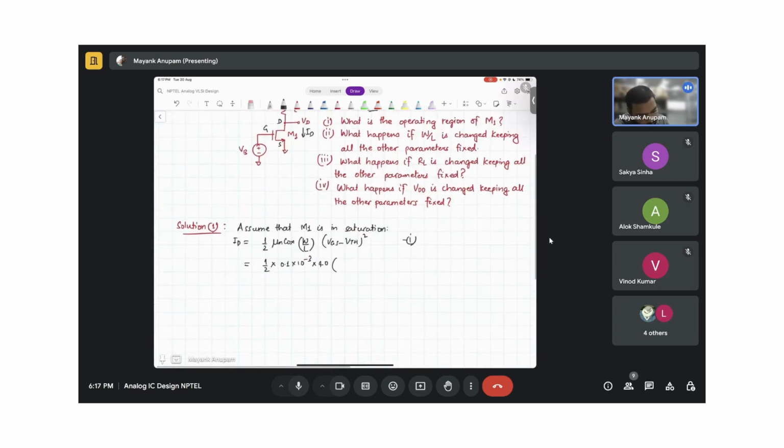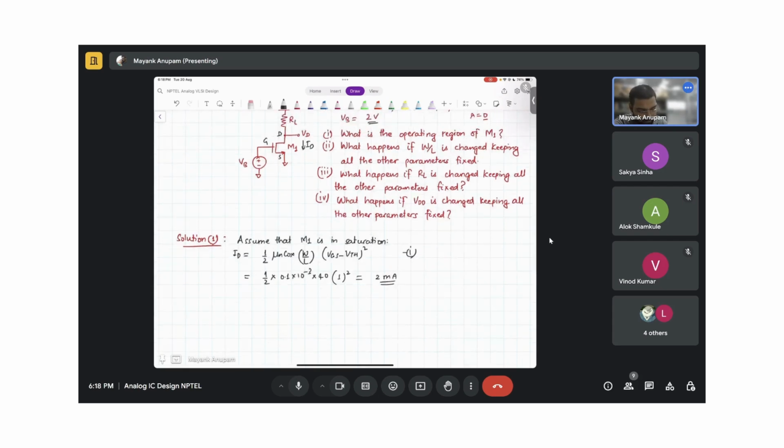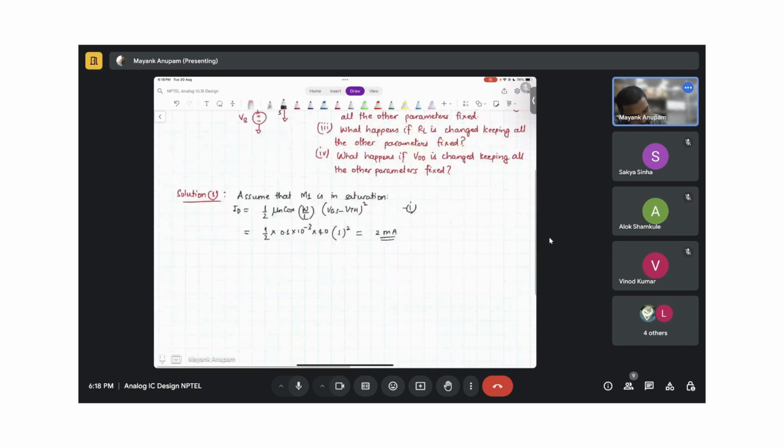So this is 2 milliamperes, correct? Yes. So ID is equal to 2 milliamperes.